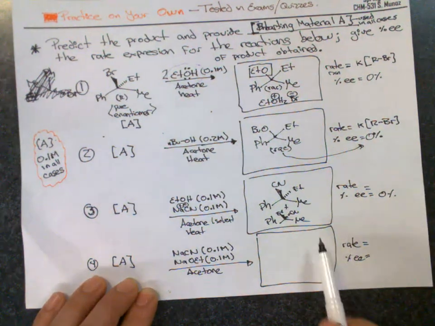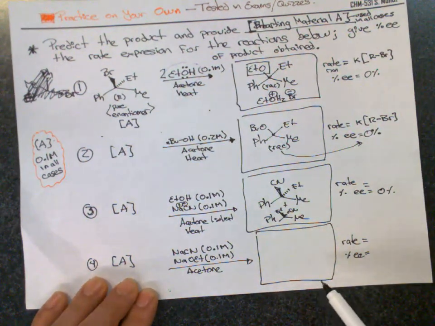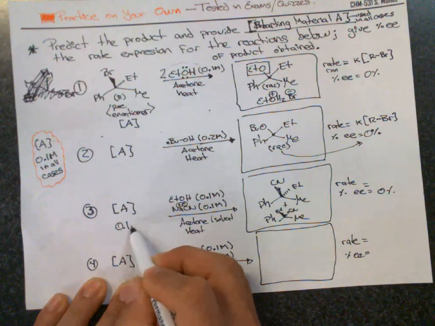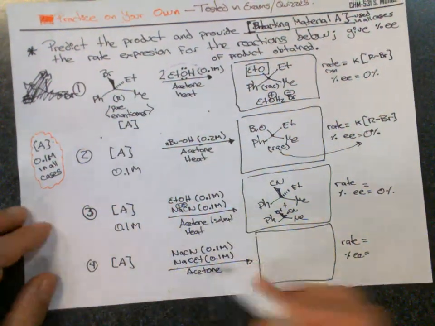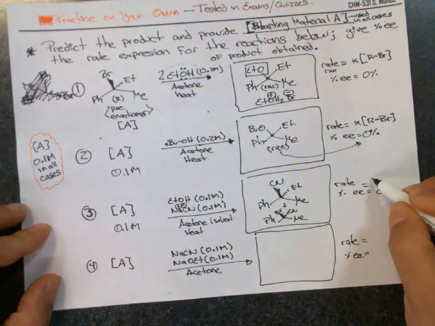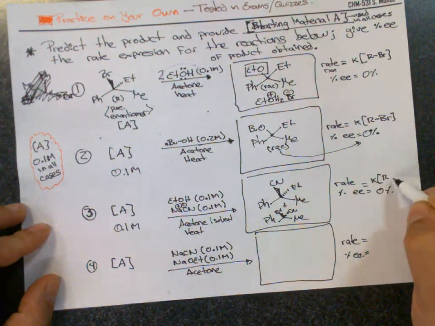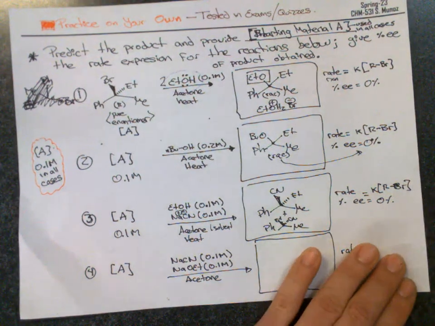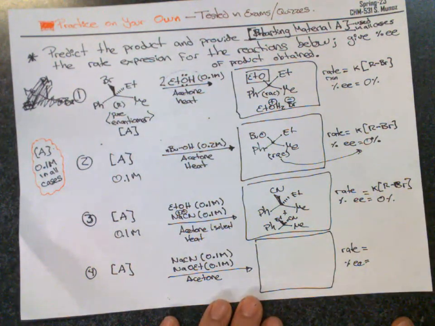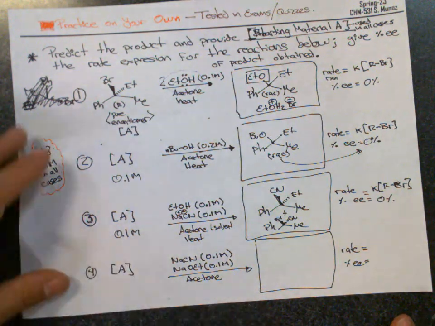What about the rate? And this is all 0.1 molar. What about the rate of this? It's again the rate constant times the concentration of that. So again, concentration of nucleophiles does not matter in SN1 chemistry.